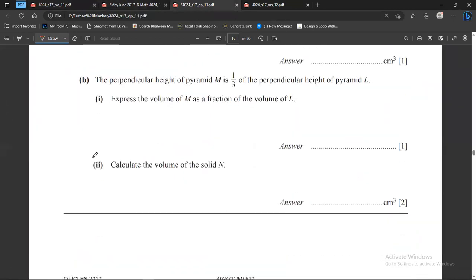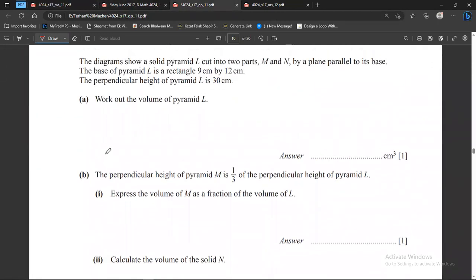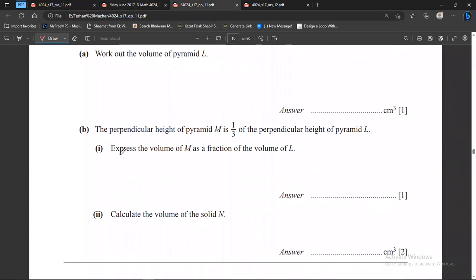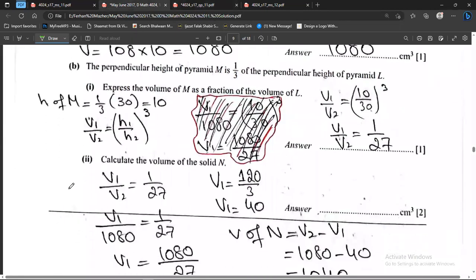Okay, B part. He says the perpendicular height of the pyramid M is 1 by 3 of the perpendicular height of the pyramid L. Express the volume of the M as a fraction of the volume of the L. Okay, so the height of the M is 1 by 3 of the height of the L, so that is 1 by 3 of the 30, and that is 10.